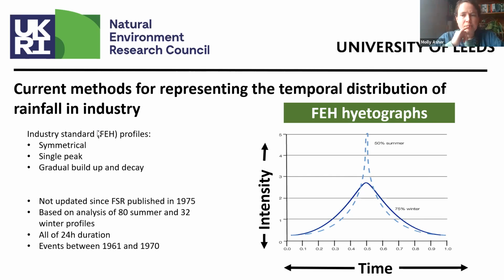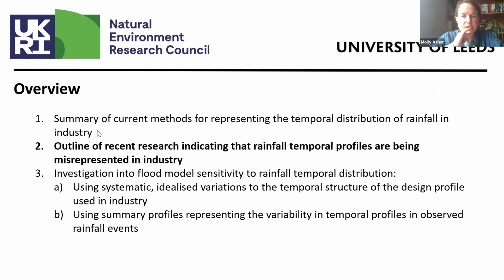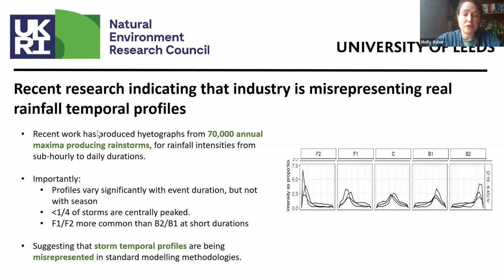So this is where I'm going to mention some recent research done at Newcastle University by Roberto Villalobos Herrera. The group in Newcastle have collected a very large collection of UK extreme rainfall events of all different durations, and they've used these to identify the most common patterns in temporal distribution, specifically using a k-means clustering algorithm.